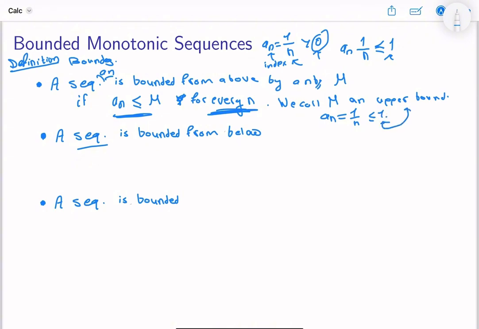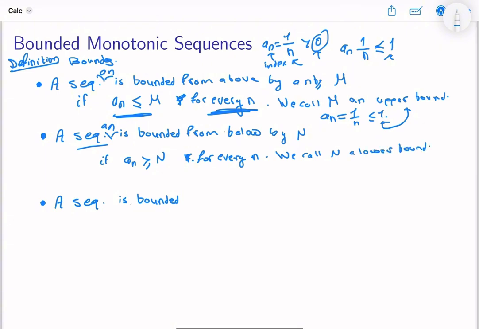A sequence is said to be bounded from below if, let's say by a number n, an is bigger than or equal to n for every n. And we call n a lower bound.